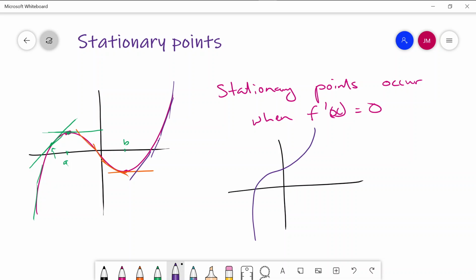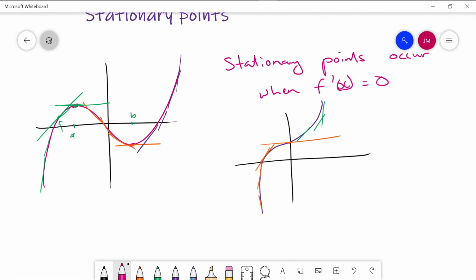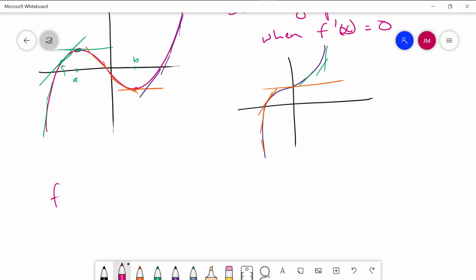So if we had another cubic like this, then we'd have a positive tangent, and then at this point there'd be a point where it is zero, and then it goes positive. So let's look at an example function and see if we can find its stationary points. And we'll use Desmos to check as well.